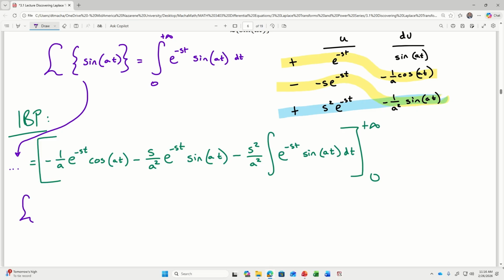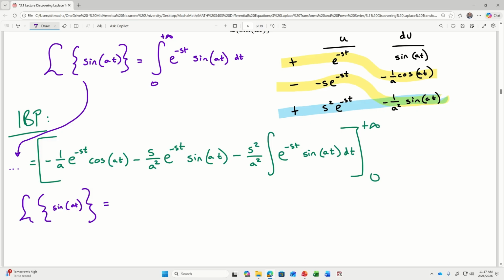So let me write it down again. Laplace transform of sine at is equal to, what happens to this term if I allow t to approach infinity in my upper bound? It goes to 0. And then what happens when I plug in t equals 0?